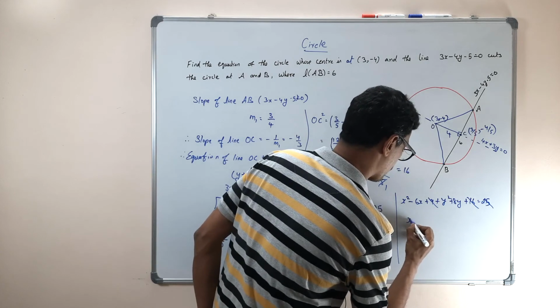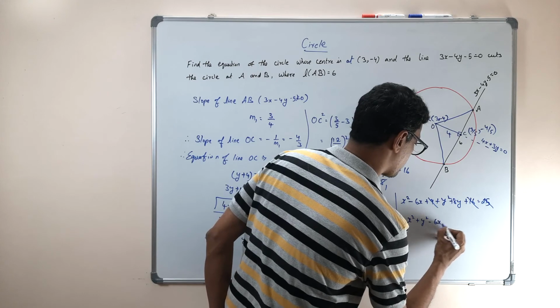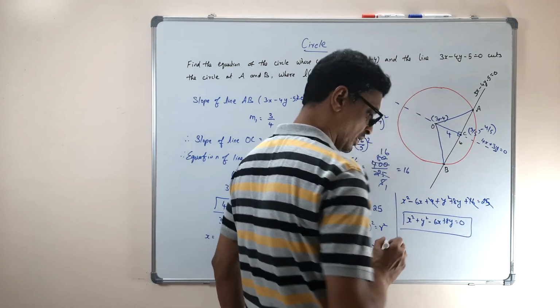What we get is x square plus y square minus 6x plus 8y equal to 0. This is the equation of the circle.